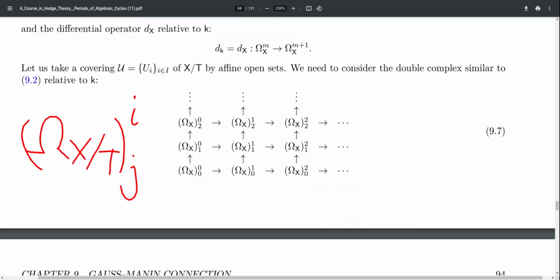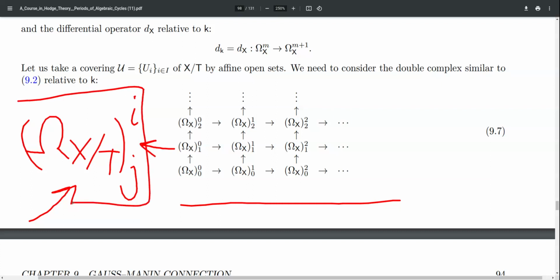Remember that we defined our relative de Rham cohomology using this double complex. On the other side, we have this double complex of differential forms on X, and we have a canonical projection from this one to this one here.